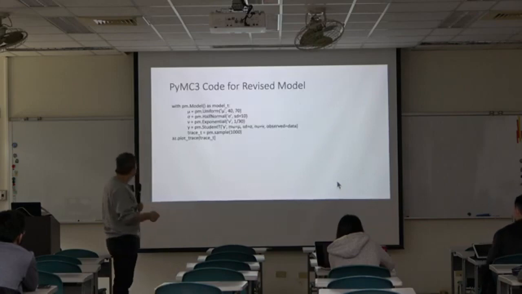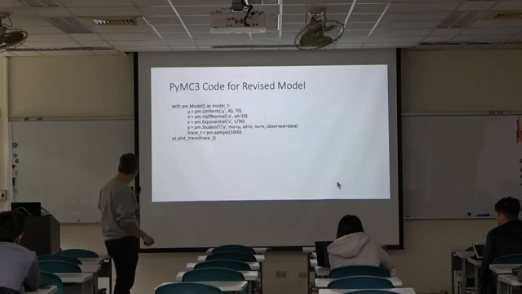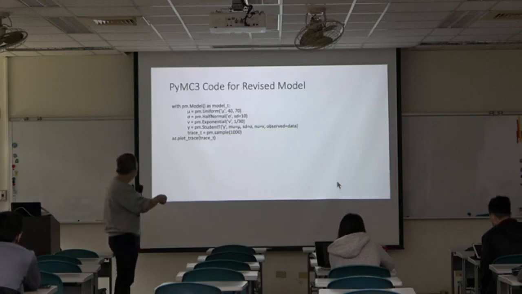As a result, this is the PyMC3 code. You can see we have mu, which is uniformly distributed in the range of 40 to 70, and sigma, which is from the half normal with standard deviation 10. These two are the same as in our last example. And v is an exponential distribution with average 30.